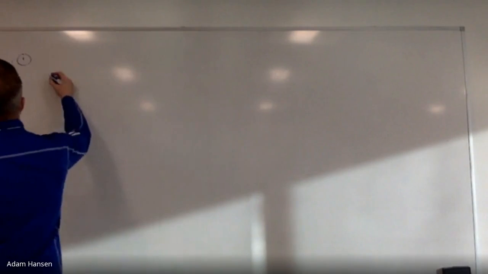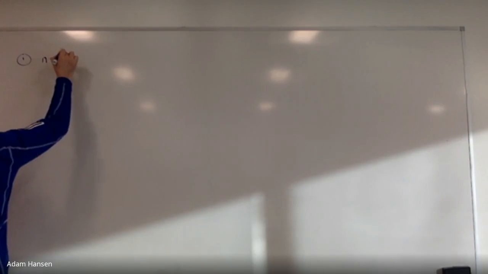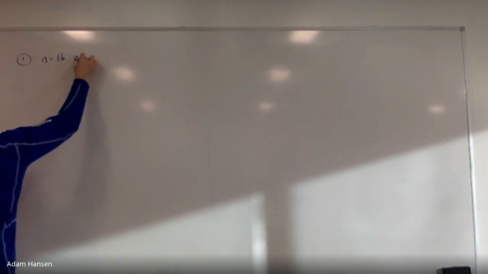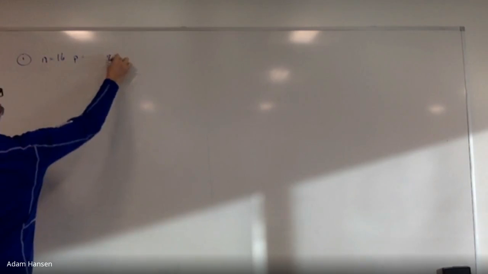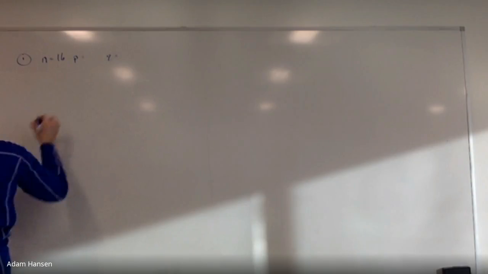Well, let's first get some data written down. What's the sample size? How many times does each person flip the coin? 16. What are p and q? Heads and tails, 50-50.